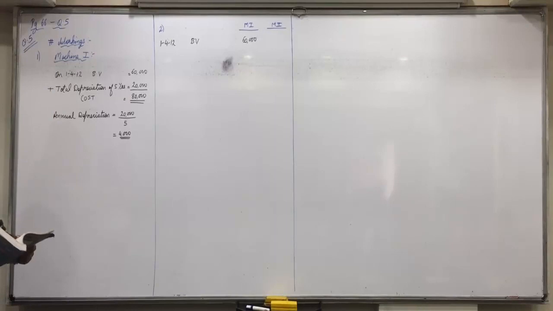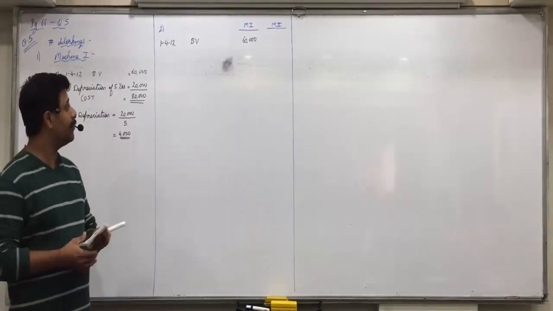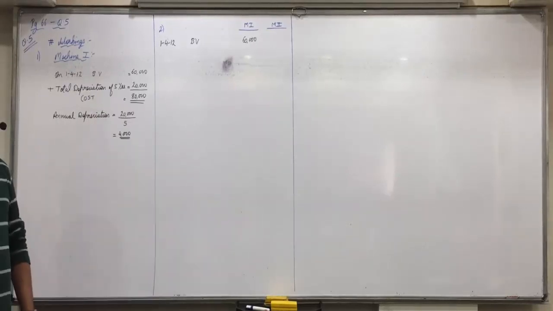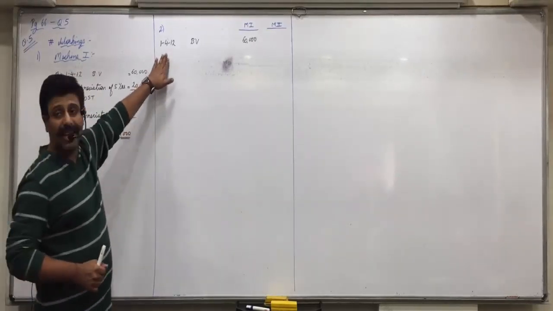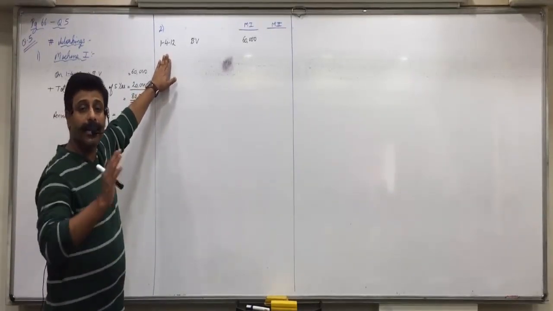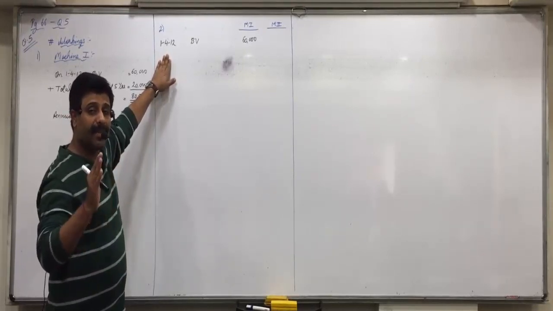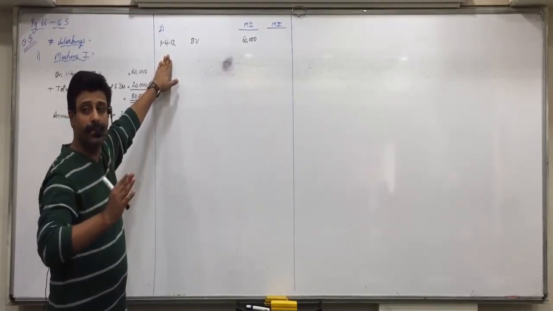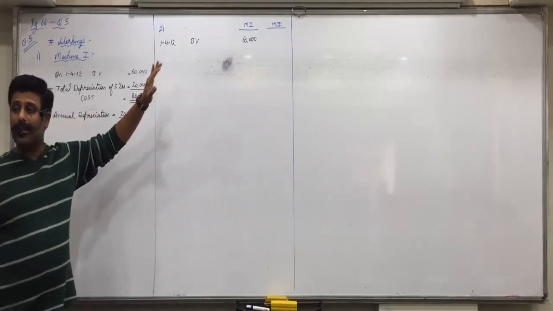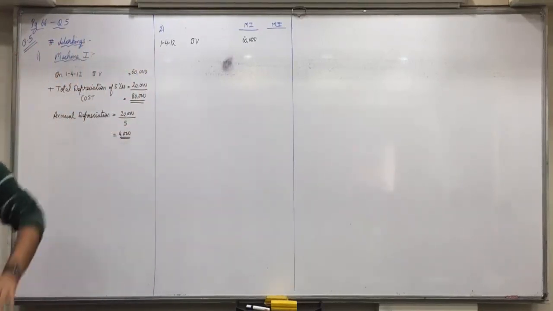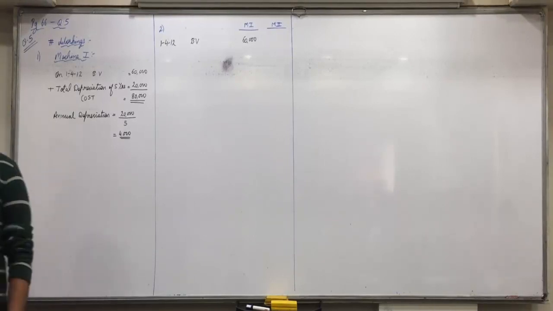Now, on 1/1/14, underline 1/1/14, the next date is 1/1/14. When does 1/4/12 end? 31/3/13. Does 31st March 2013 come first or 1/1/14? 31st March 2013. 2013 will always come before 2014.